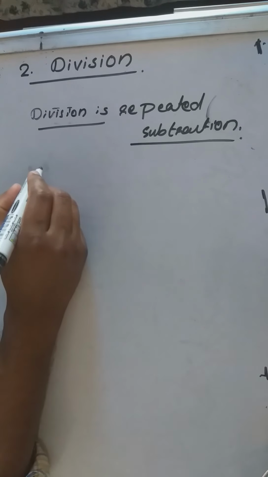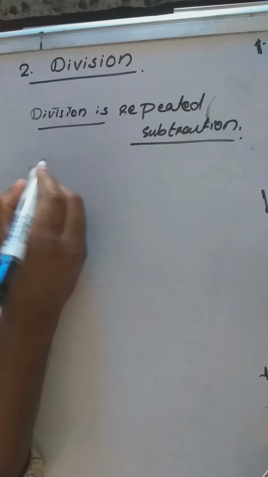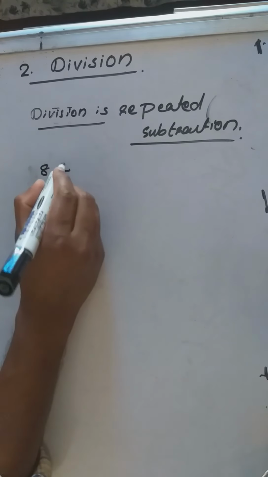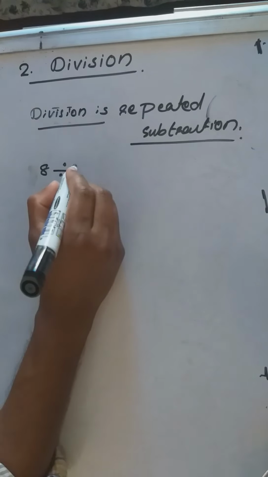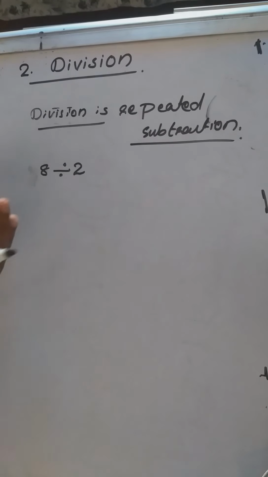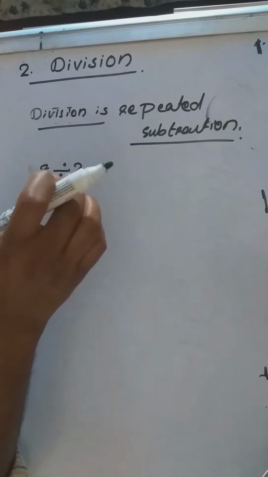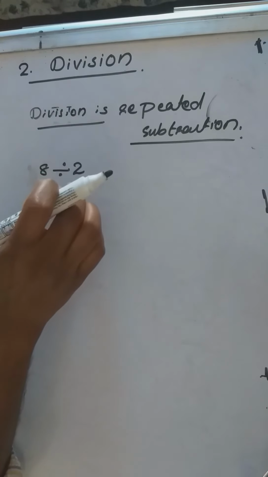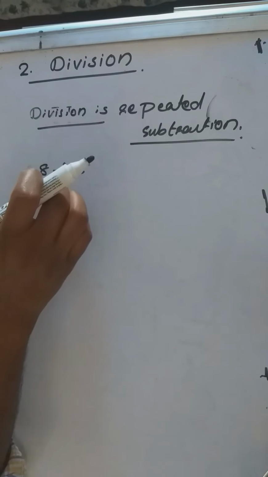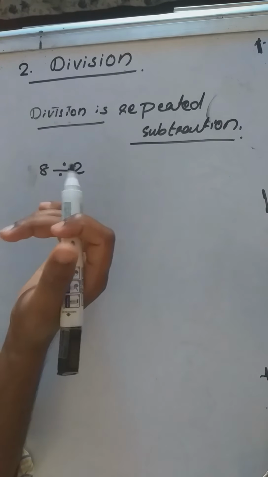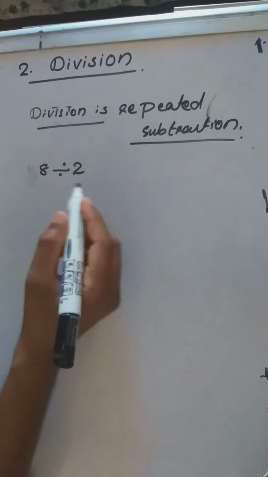Here I am going to divide 8 divided by 2. So we are going to divide 8 into 2 equal parts, or we can say that we can subtract 2 from 8, and we have to find how many 2's are there in 8.